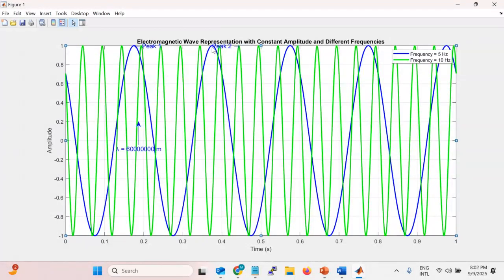So the blue signal has a higher wavelength, higher lambda, whereas the green signal has the lowest lambda, lowest wavelength. So we conclude that as the frequency increases, like in the case of the green signal, wavelength decreases. As the frequency increases, wavelength decreases. And as the frequency decreases, wavelength increases.